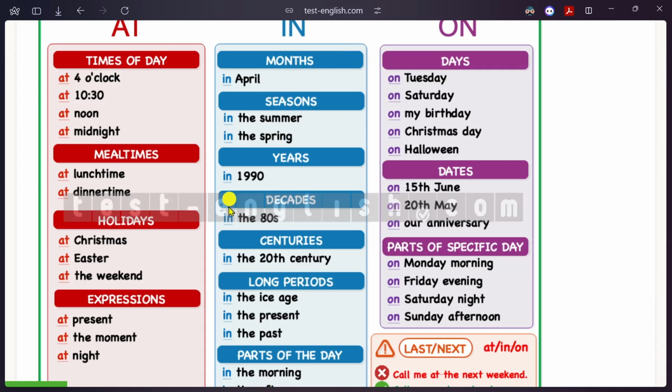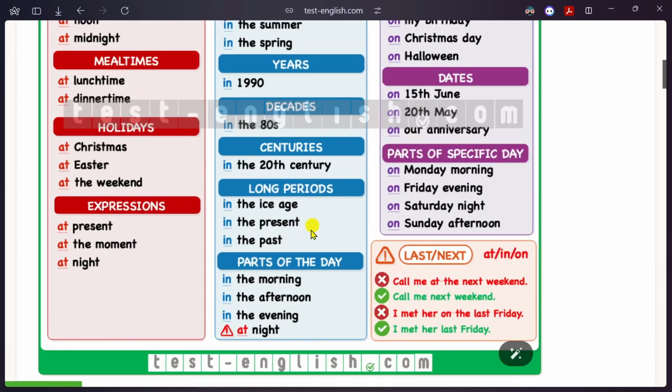We use in for time, especially long periods of time. And then this is maybe not a long period of time, but it's also a period of time: in the morning, in the afternoon, in the evening. Only different one is at night, okay?